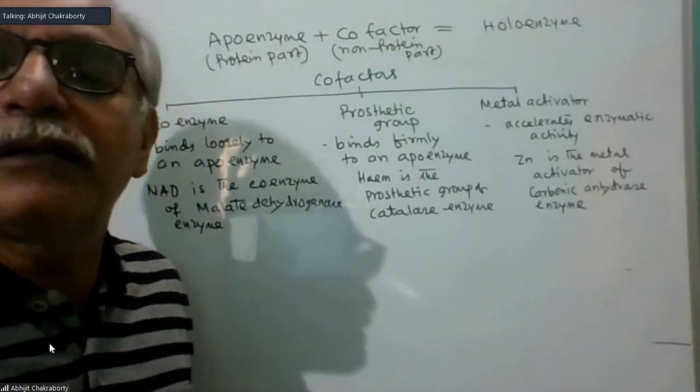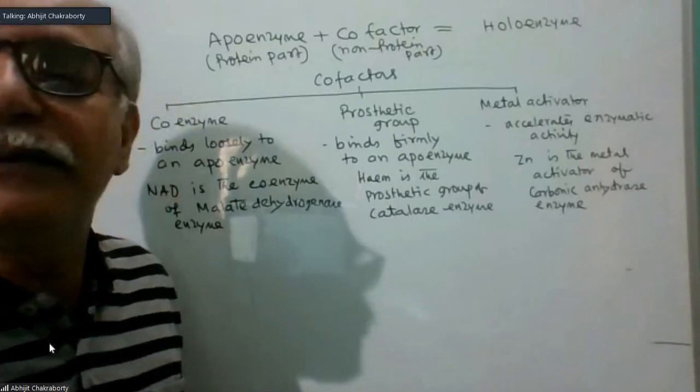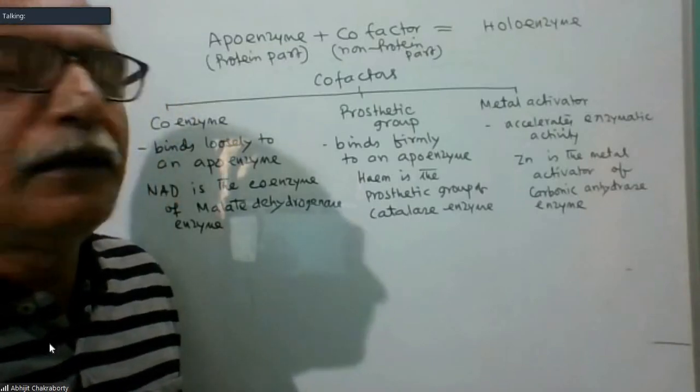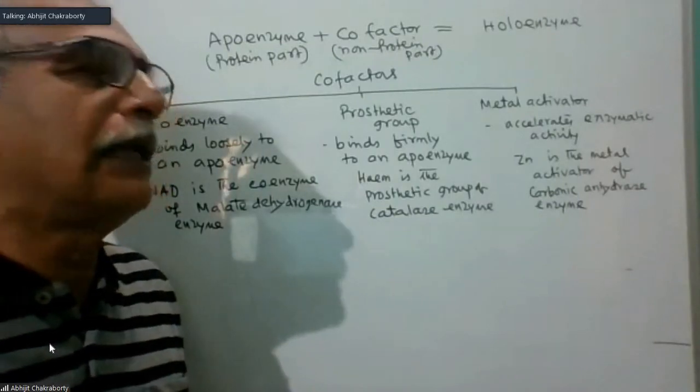Now here is your task. You have to find out the metal activator of at least 10 enzymes.